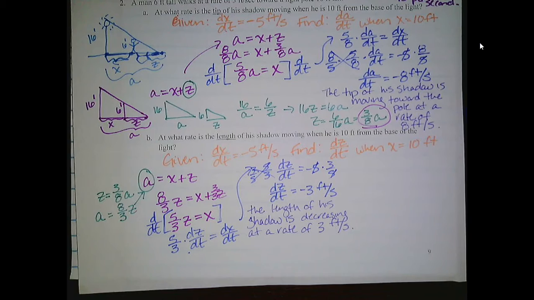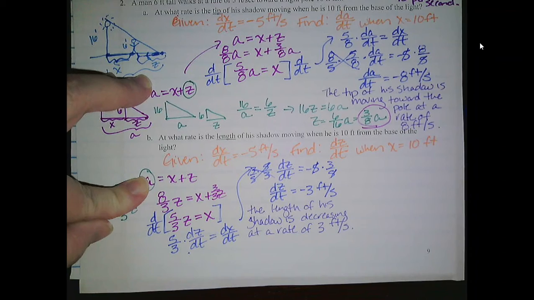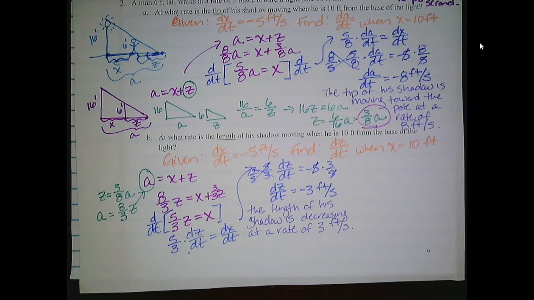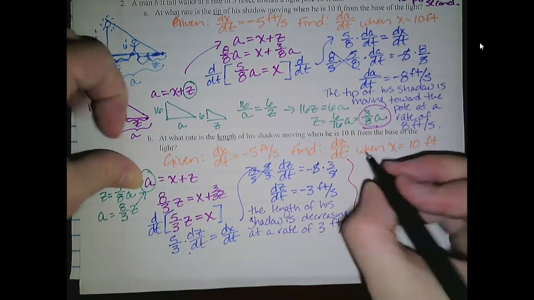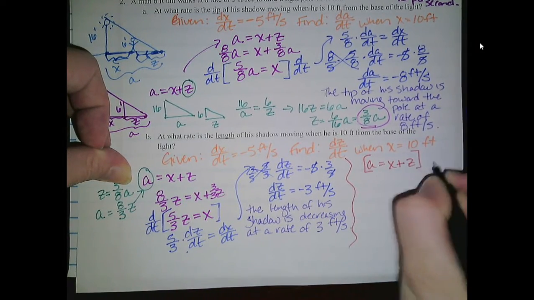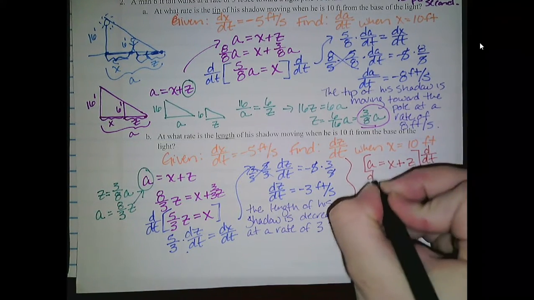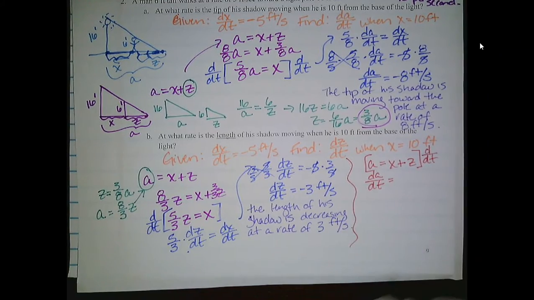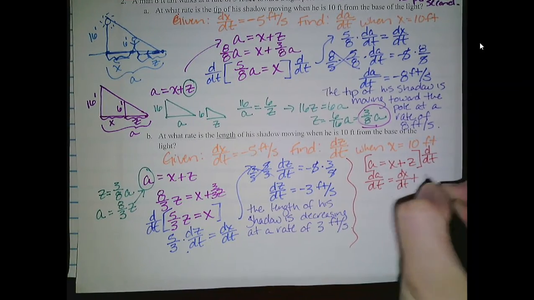Now, it's kind of a quick side note. Notice that both of these were at the same instant when x was equal to 10 feet. So if I went back to my original setup, A equals x plus z. If I would have taken the derivative with respect to t of everything and not eliminated the third variable, I would have had that dA dt is equal to dx dt plus dz dt.